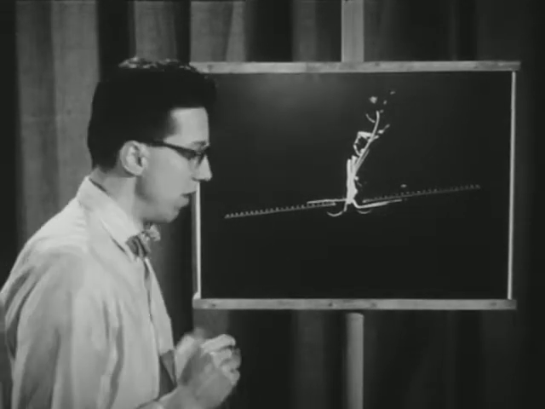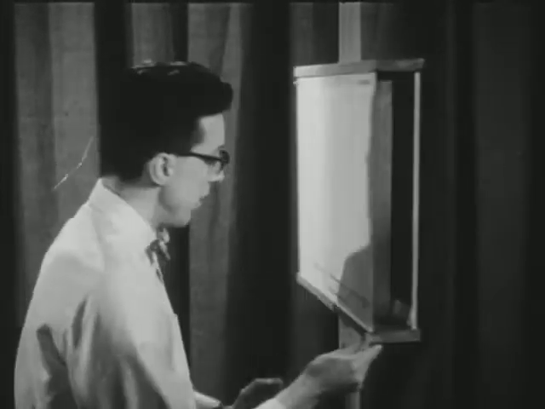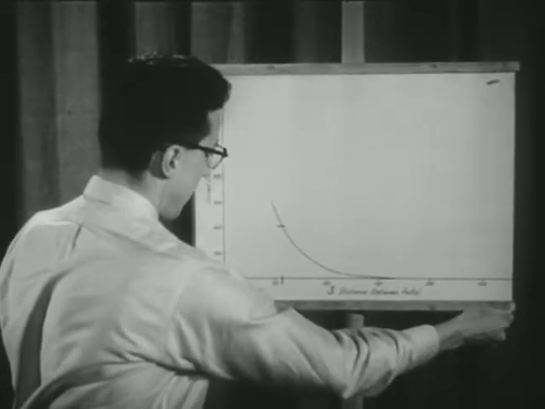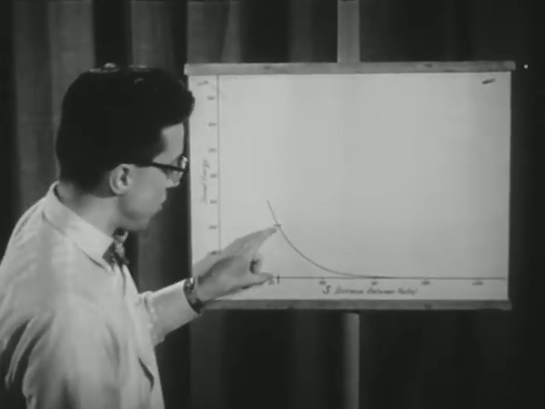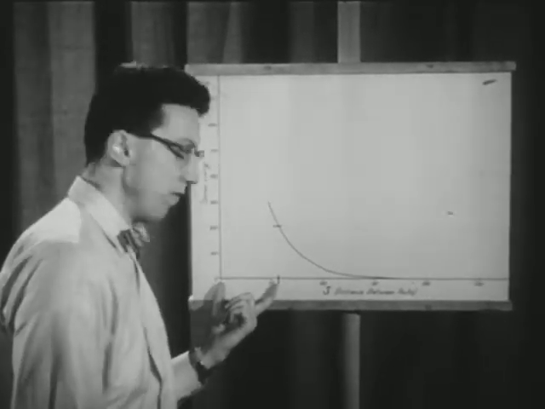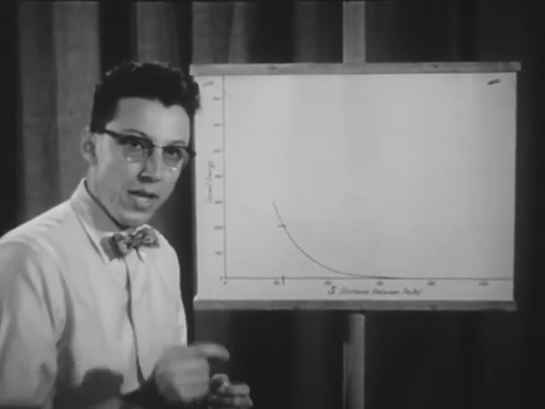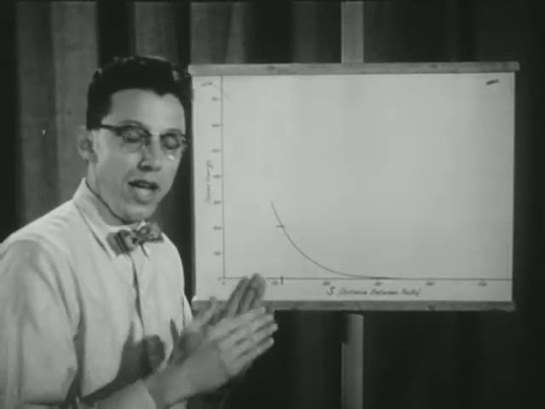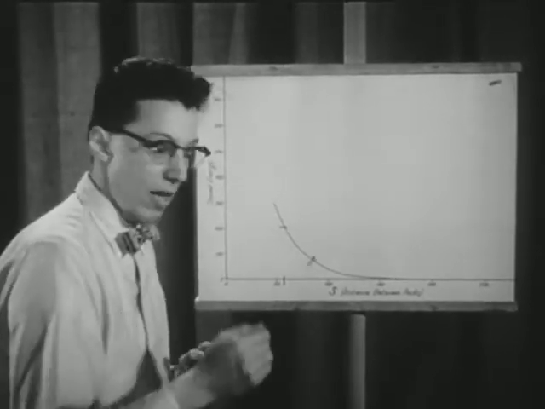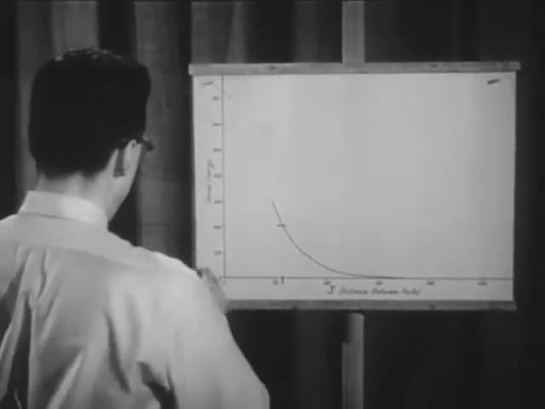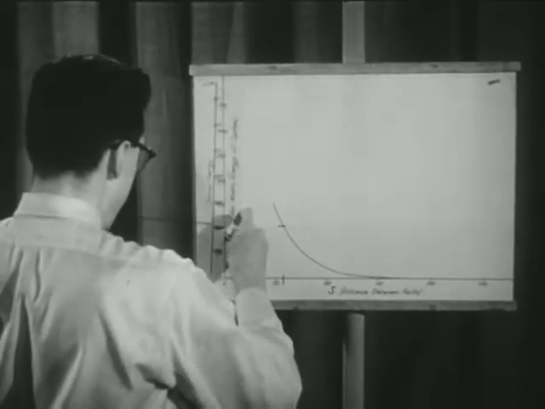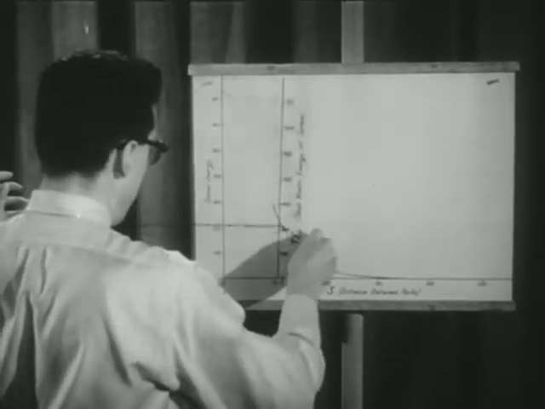We predicted that that amount of stored energy was just this much when the pucks were this far apart. Now I've computed the total kinetic energy of the pucks after they exploded and plotted this on a plastic overlay so that we could compare it to the energy stored.